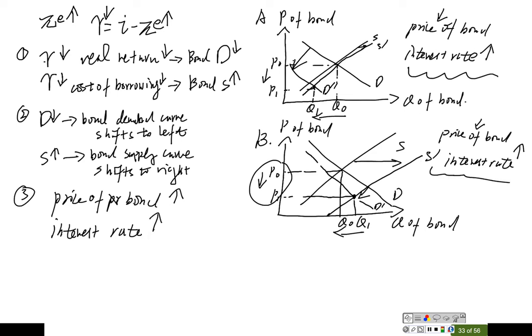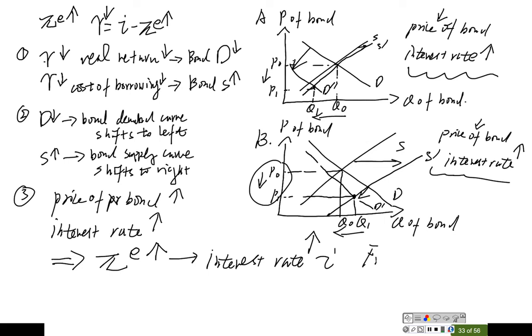So now we can make a conclusion about the Fisher effect. The Fisher effect indicates that if expected inflation rate goes up, the interest rate I will go up as well.